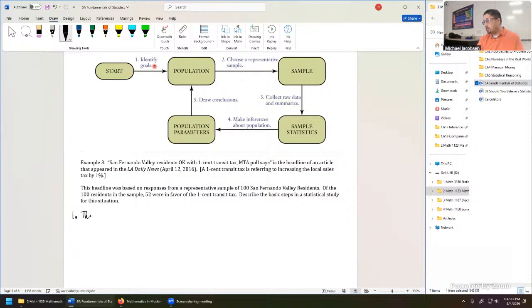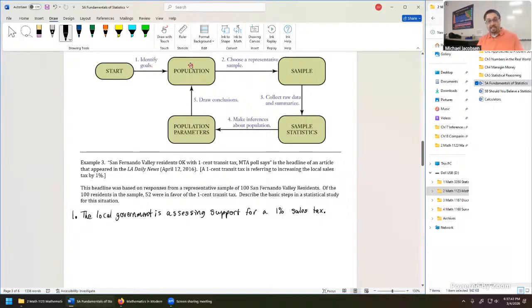The local government is assessing support for a 1% sales tax. So that's the whole goal of the study.